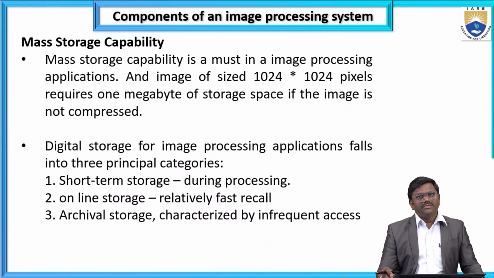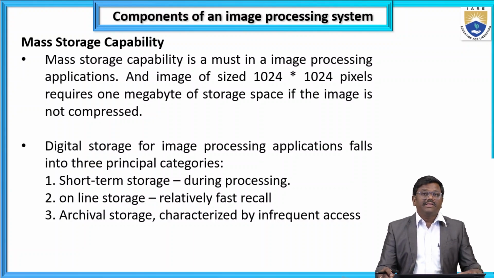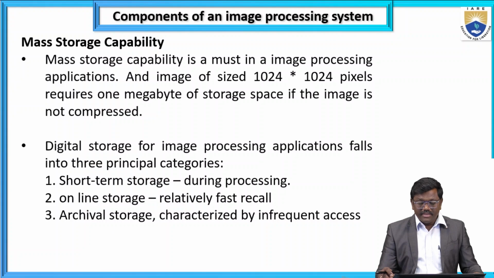So digital storage for image processing applications falls into three principal categories. Number one, short-term storage during processing. Number two, online storage for relatively fast recall. And number three, archival storage characterized by infrequent access.